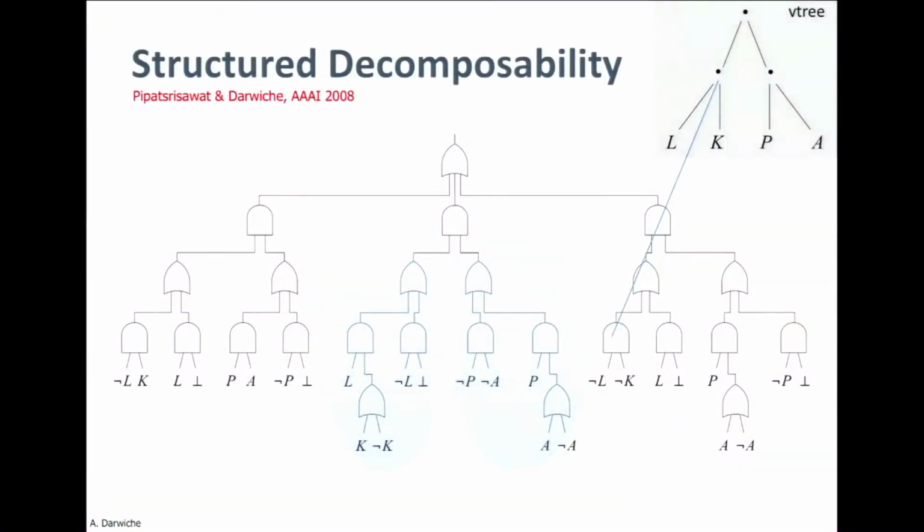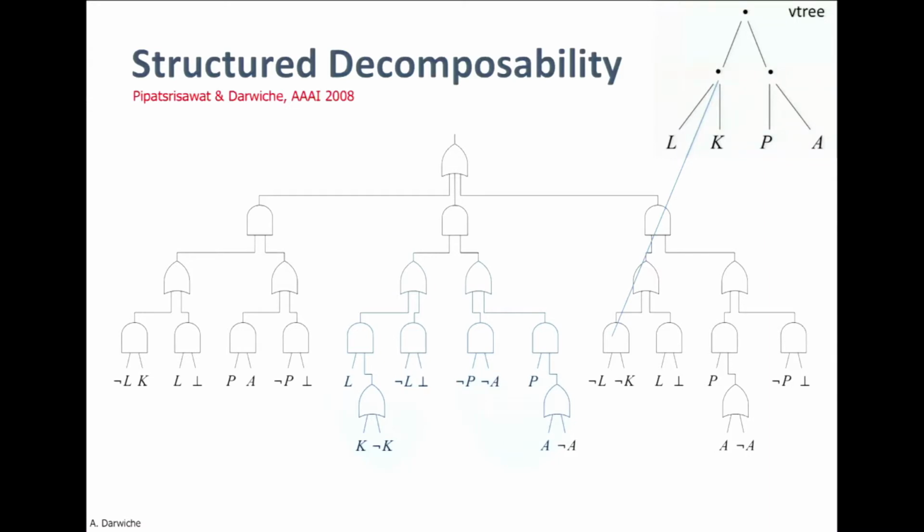So it's a stronger version of decomposability, right? I mean, this is a rough description. For every AND gate, you have to map it to one node in the tree structure, right? So that the variables in the left and the variables in the right correspond to those subtrees.